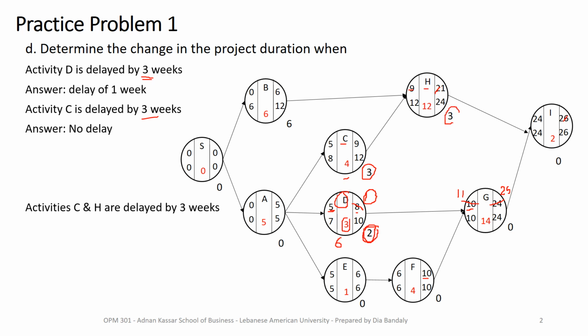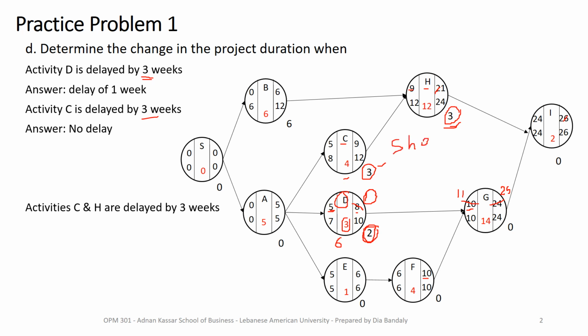Now remember, we discussed a concept before. The 3 weeks of slack time here and this one, they do not sum up. That means we cannot allow C to be delayed by 3 weeks and H by 3 weeks. This 3 weeks of slack time is what we call, remember, a shared slack.